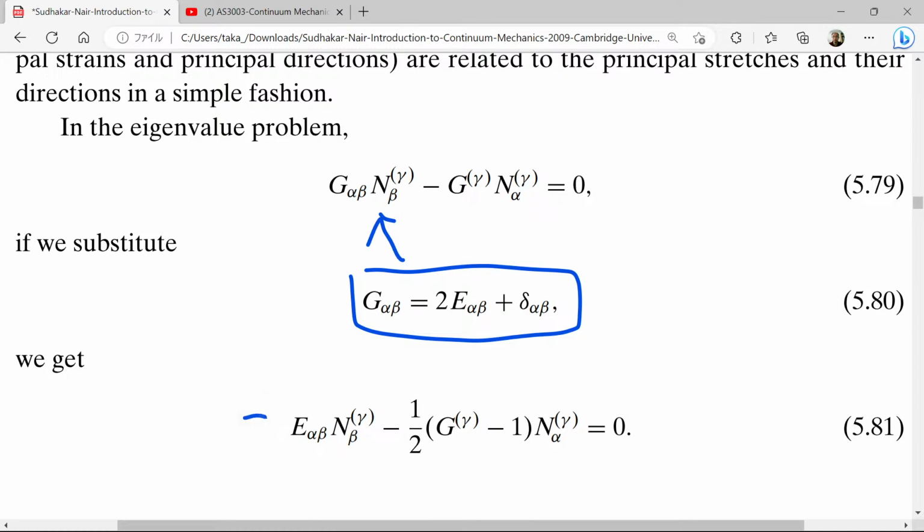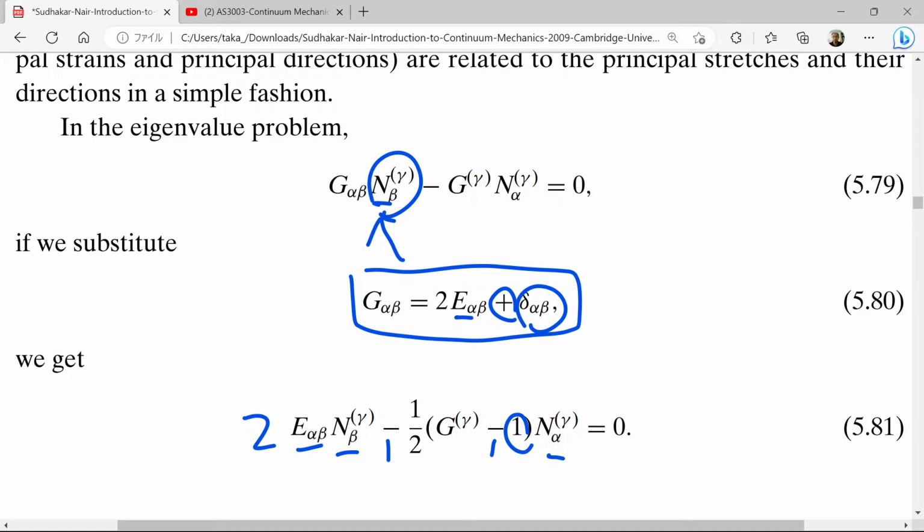So we have 2 E alpha beta. We have this one from here, N beta, this one from here. Then we have plus. So this minus and minus, then plus. We have delta alpha beta. Then we have beta. So beta is a summation convention. So beta will change to alpha by this Kronecker delta. So you will have 1.